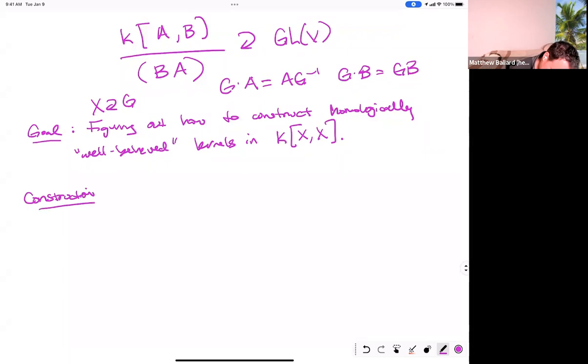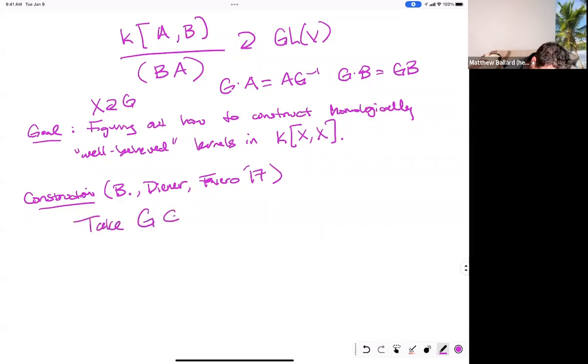This construction is due to myself, Helen Deemer, and David Favero from 2016. So we're going to take G acting on X, and we're going to assume, like I said, X is affine, so I can talk about algebra as opposed to complicating it with things that are not necessary.